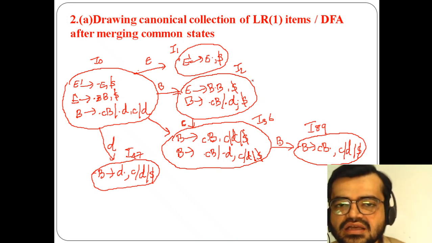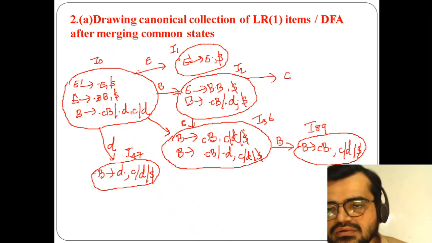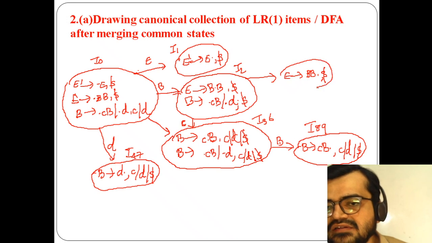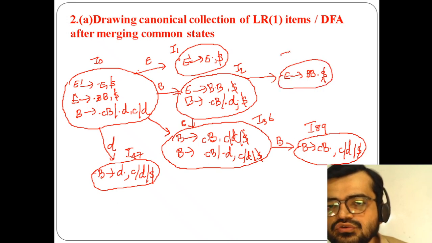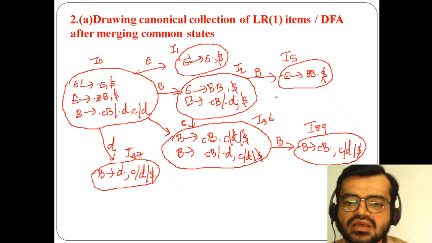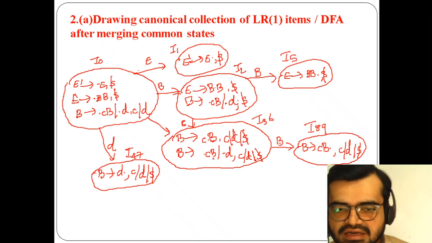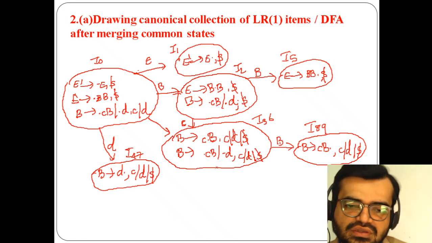And in this I2 also, if you observe, when I'm moving dot here, it goes to the final state BB dot, again dollar is there, which is the fifth state, because as it is not a single state, we need to keep it like the previous diagram only. I89 is there, and for the second production in I36, when I'm using dot here, again it repeats to the same state.